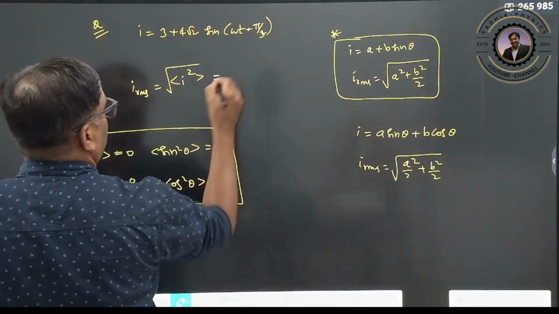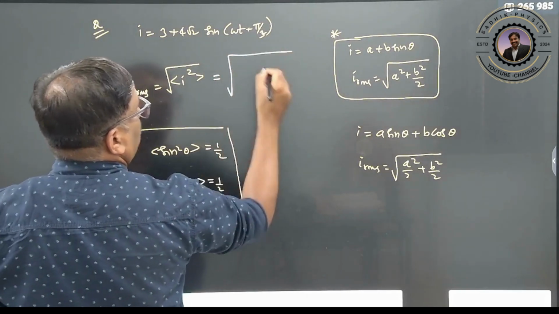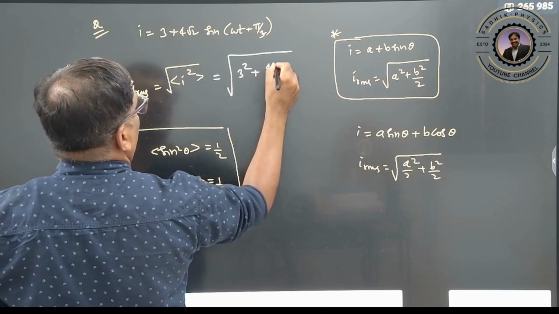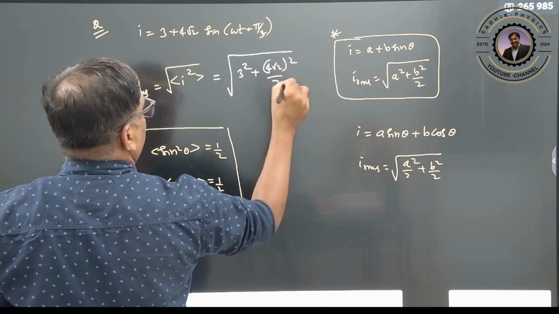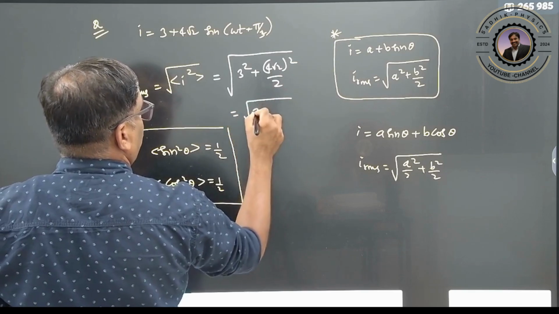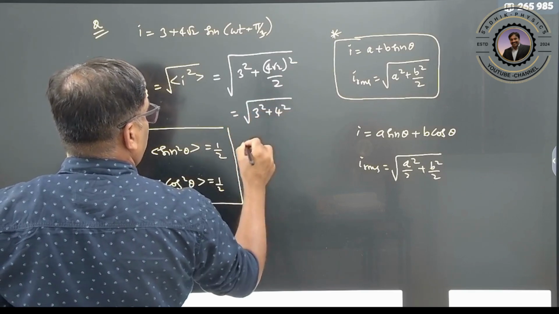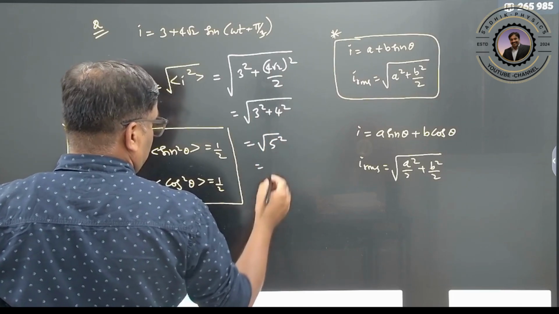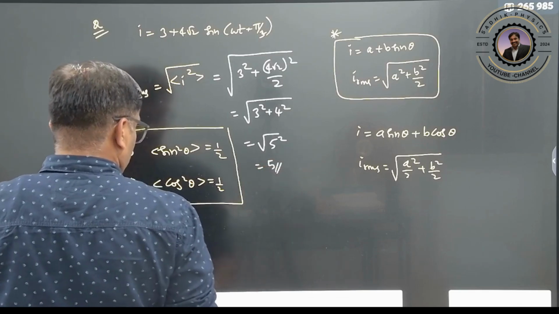Here you can rewrite it as the root of 3 square plus 4 root 2 whole square by 2, that is the root of 3 square plus 4 square, which is the root of 5 square, so that is 5. Clear? How did I do this?